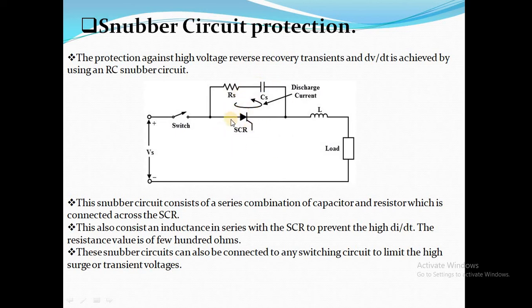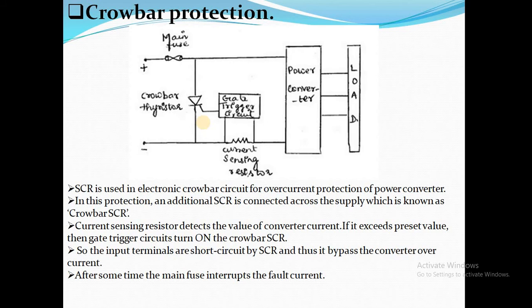To protect the SCR from high discharge current, a resistance is connected in series with the capacitor. Due to this resistor, there is a small drop which limits the current and protects the SCR. In this way, the SCR is protected from high voltage or transient voltage by using the snubber circuit. Next, the last protection circuit is crowbar protection.